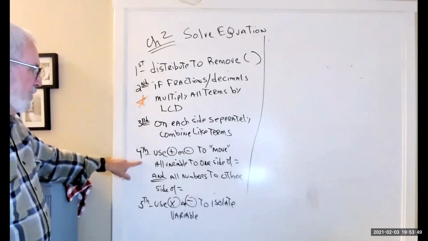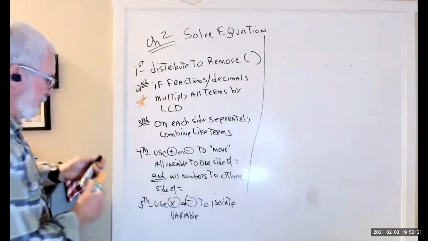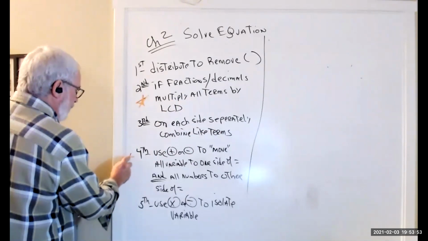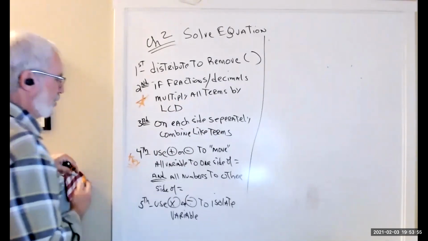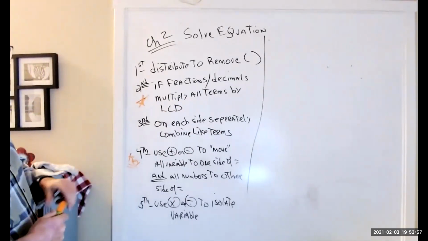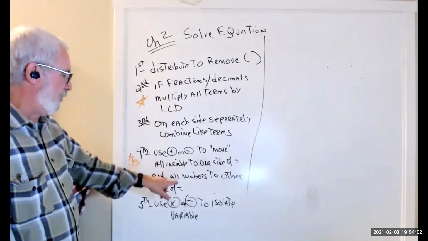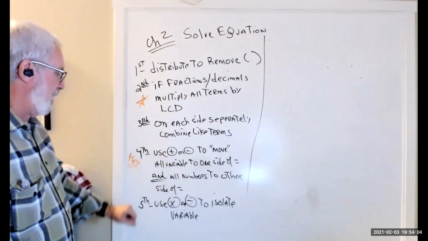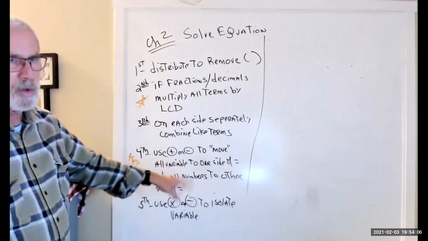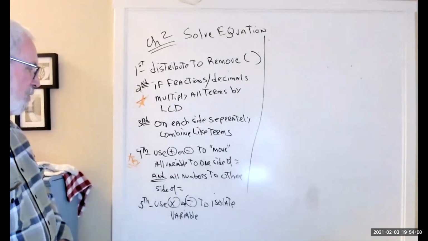Fourth step, and in my opinion, this is the key step, the fourth step. Using only addition or subtraction, okay? Move all of your variables to one side of the equal sign and all of your just normal numbers to the other side of the equal sign.